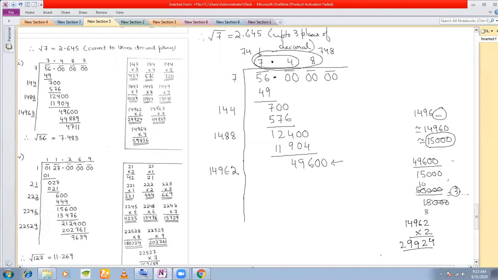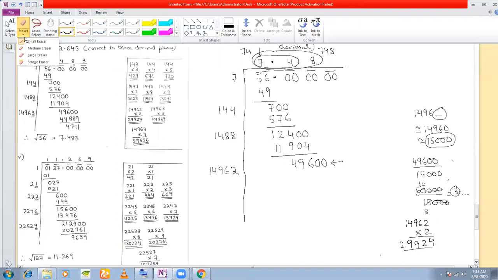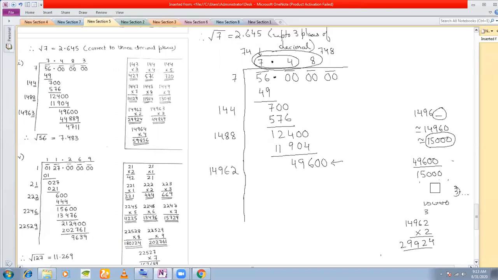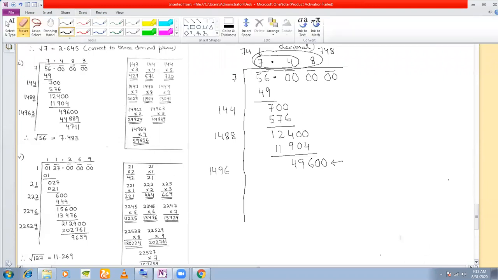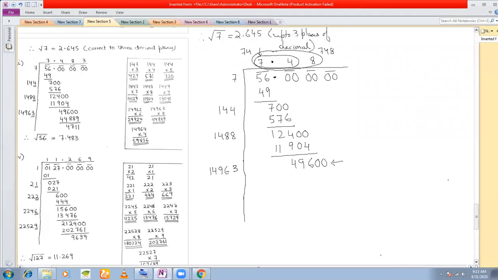So now you try the next digit. Let us try with the digit 3.